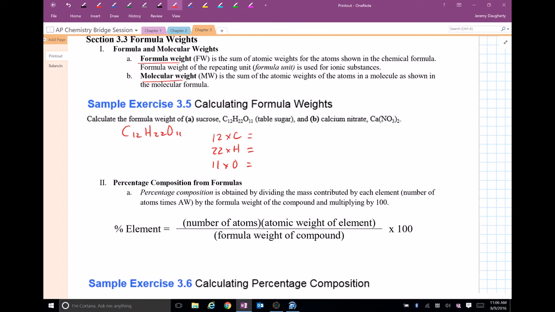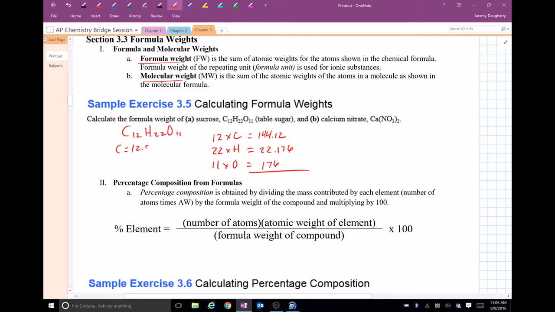So in this case we have 144.12, 22.176, and then 176. I got the molar masses from the periodic table. Carbon weighs 12.01 on mine.